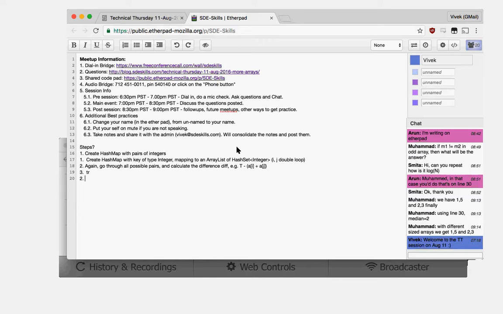So you would go through the pairs and make sure that neither of the tuples that you are currently consuming is there. Well, basically, then I would calculate the difference. I would try to retrieve it from the hash map. You'll get a list of tuples. Well, hash set of integer, but yeah.